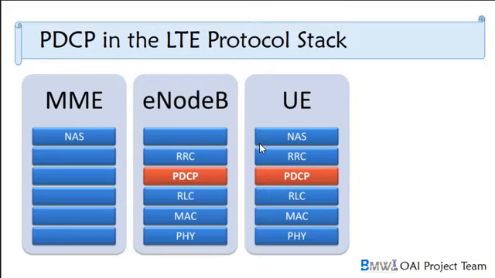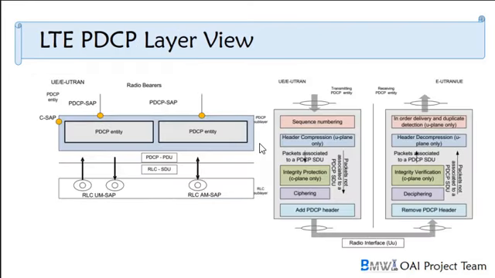If you go up, it means that you will go to the transport layer, where you will see physical, data link, network, and so forth. And this is the LTE PDCP layer view.